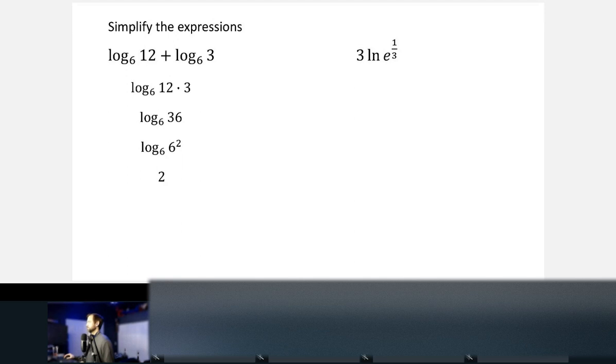What do you mean, move the 1? I'll move the 1/3. Yeah, there's a few ways to do this problem.